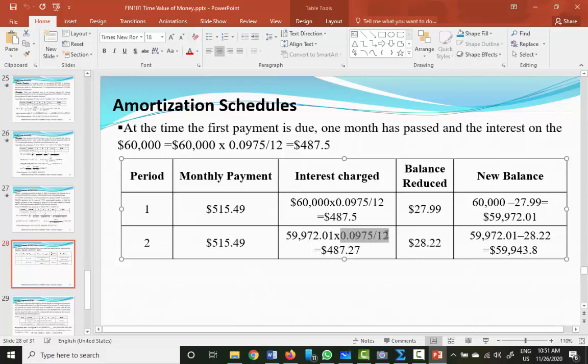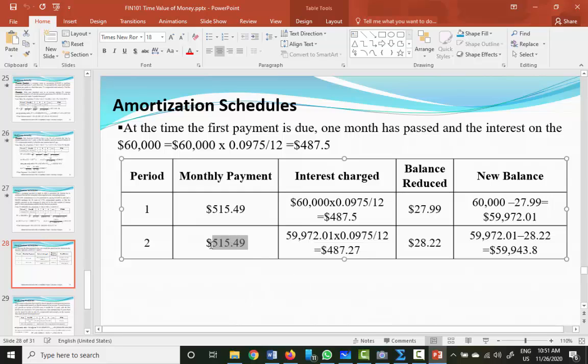This is the monthly interest rate, and for the second month, this is the loan balance. Interest will be calculated on the loan balance. So this is the new loan balance, and this is the monthly interest rate. If you multiply, this is the amount of interest you need to pay for the second month, right?